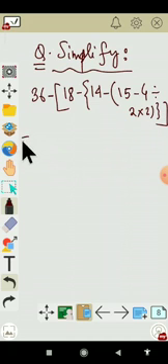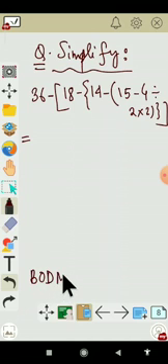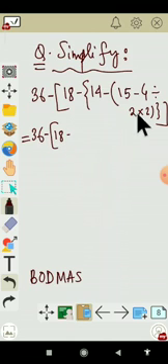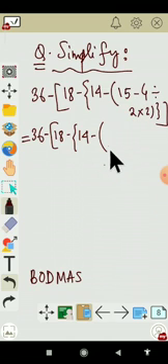We have to remember the BODMAS rule. In the BODMAS rule, first is bracket work. So the first bracket is there, so whatever number is outside the first bracket, write it as it is, and inside the first bracket we have division, subtraction, multiplication.